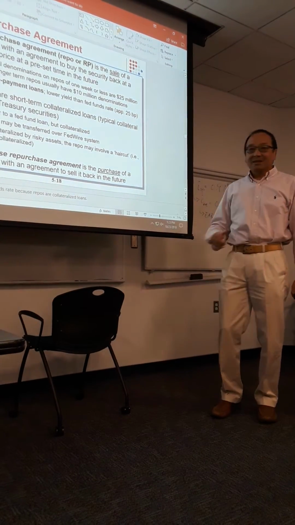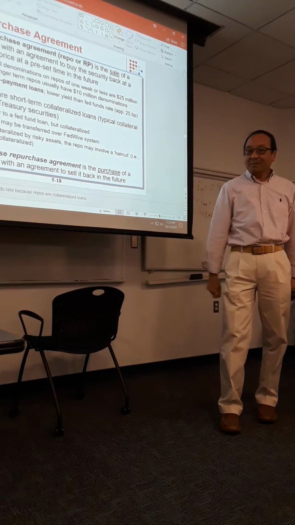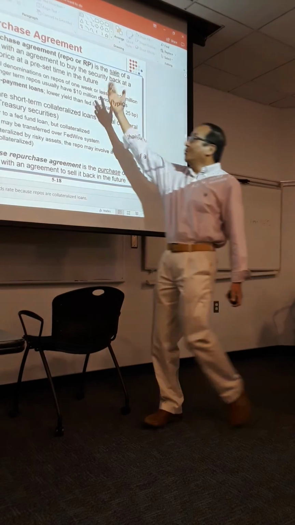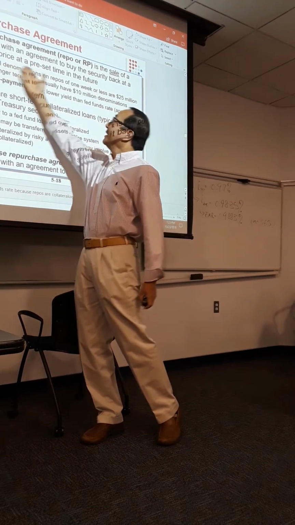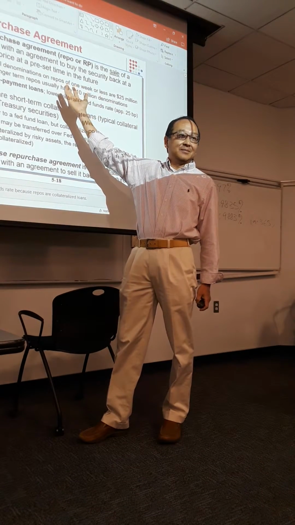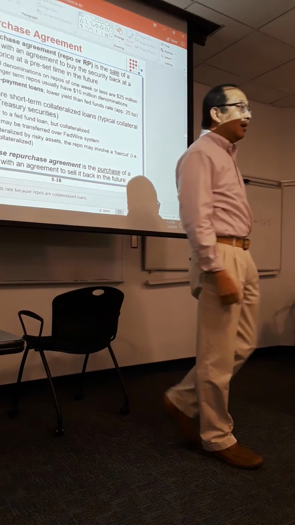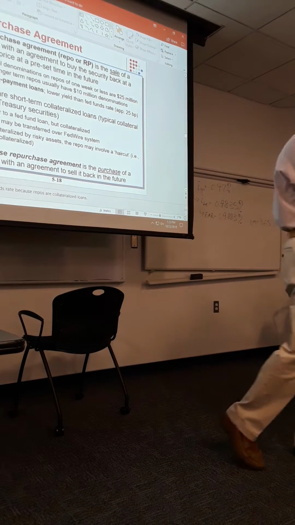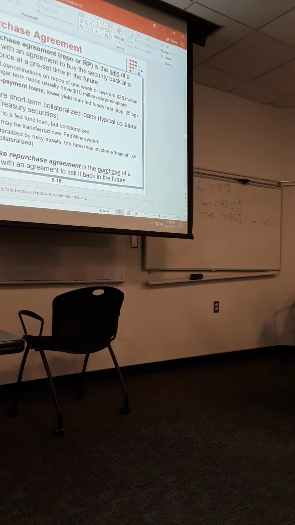You purchase something, but you agree to sell it back, also at a preset price, at a preset time in the future. I point this out because you should pay close attention in the multiple choices. Understand the definition, and do not get confused. Okay.